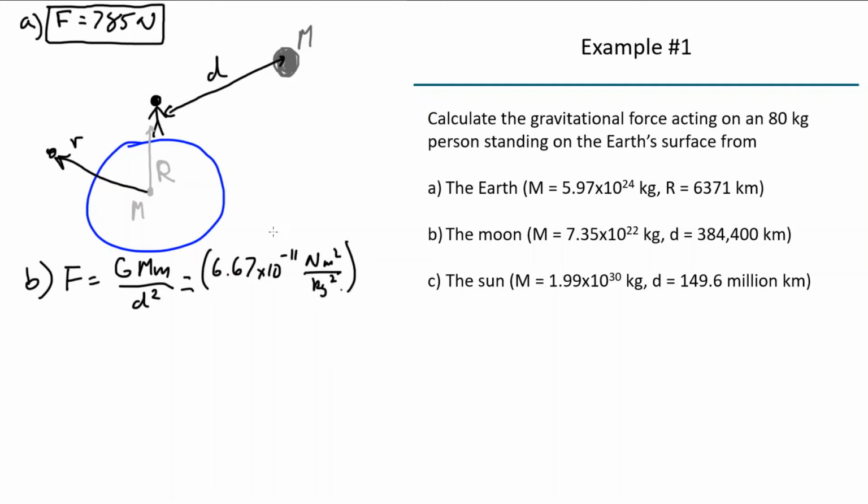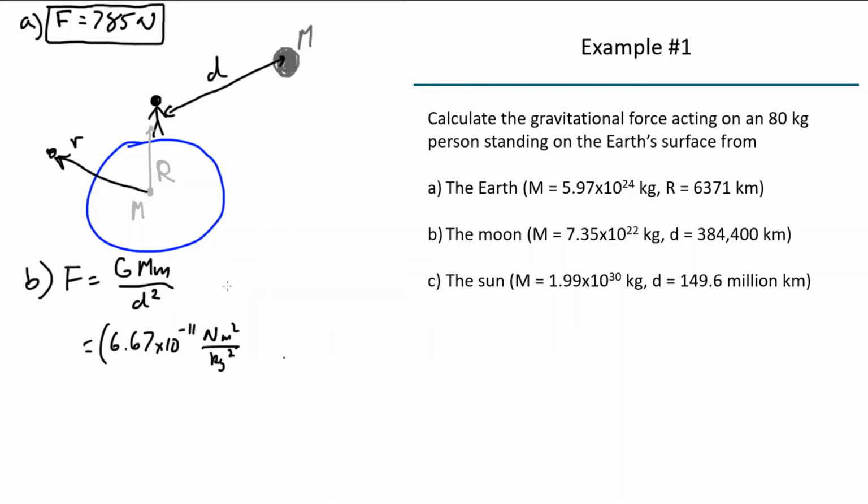times, actually move this down to the next line. This is times the mass of the moon, which is 7.35 times 10 to the plus 22 kilograms times the mass of the person, 80 kilograms.